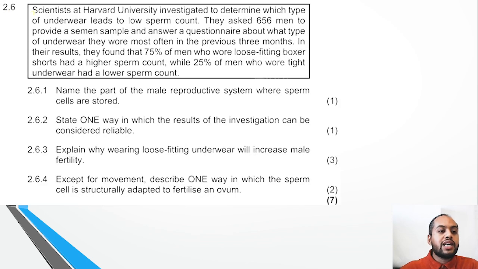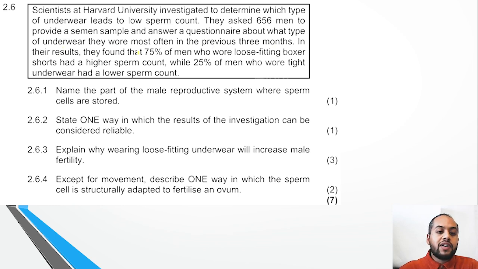2.6 says scientists at Harvard University investigated to determine which type of underwear leads to low sperm count. They asked 656 men to provide a semen sample and answer a questionnaire about what type of underwear they wore most often in the previous 3 months.